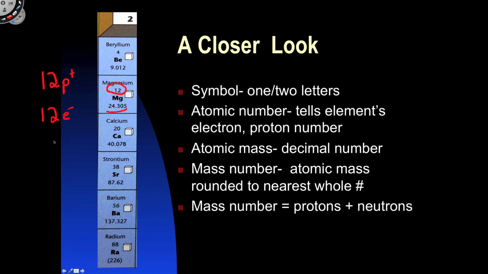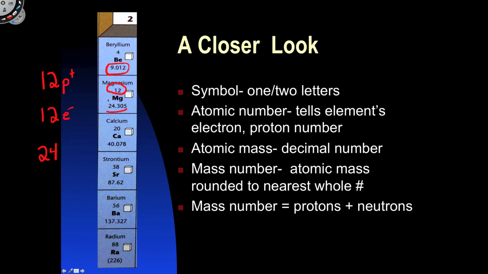And then the mass number is the atomic mass rounded to the nearest whole. So the mass number of magnesium is 24. The atomic mass of magnesium is 24.305. The mass number of beryllium is 9. The atomic mass of beryllium is 9.012. And the mass number is very important because the mass number allows you to identify the neutrons.